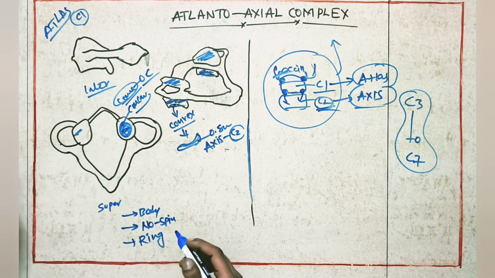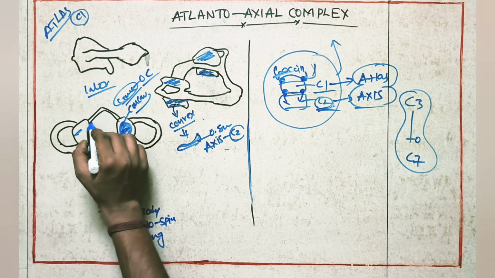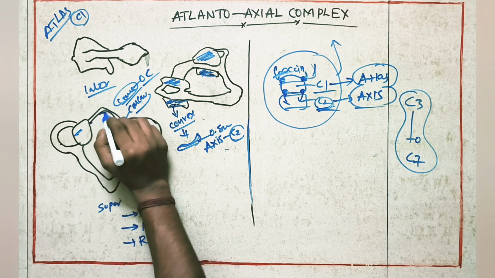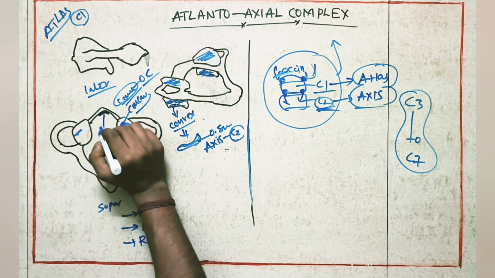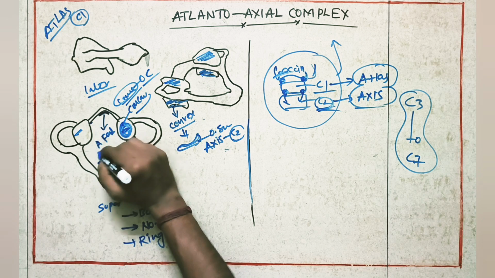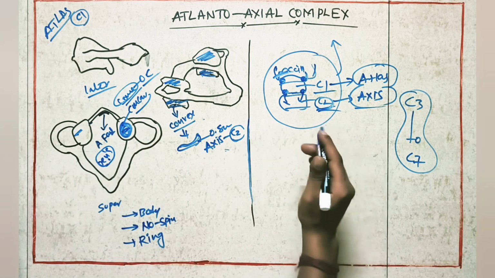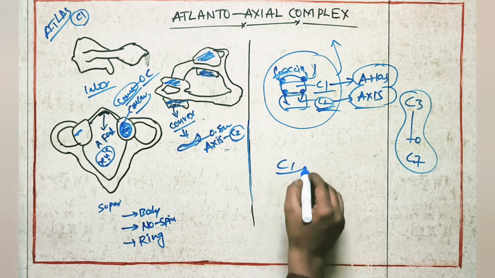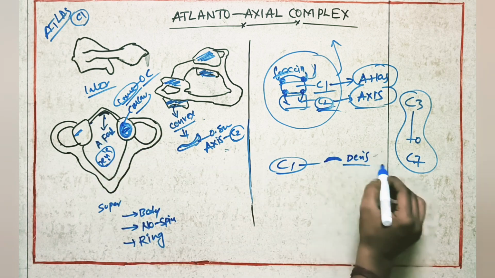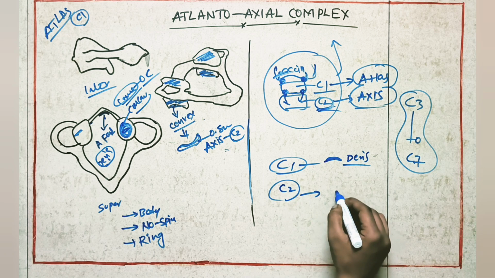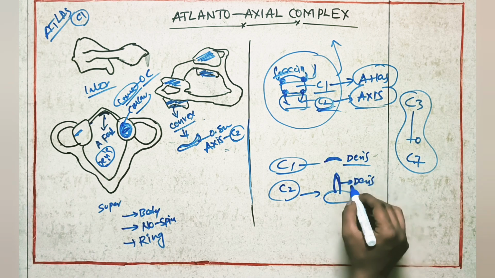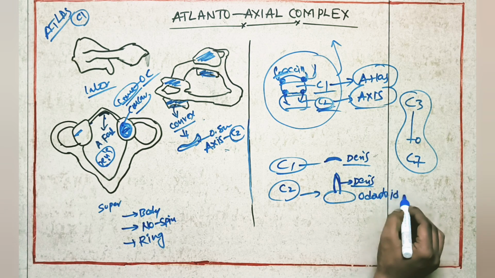In the atlas, this is the anterior ring and this is the posterior ring. In the anterior ring we see one articular facet for the dens. The dens we will see with the axis. In C2, one bony prominence rises, called the dens or odontoid process.